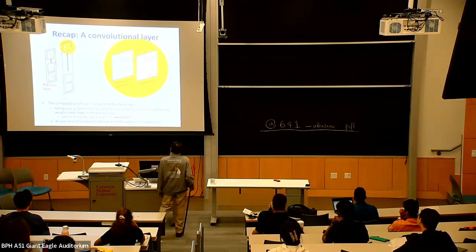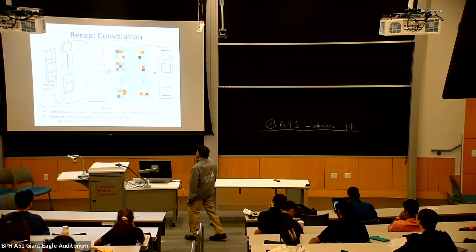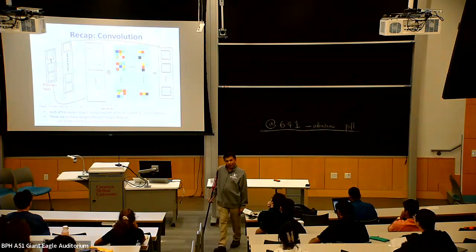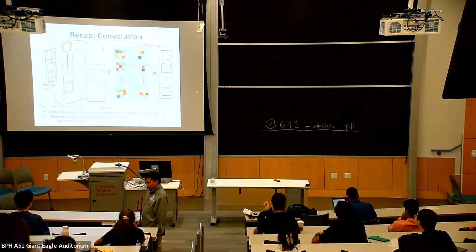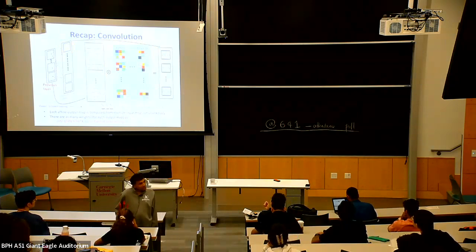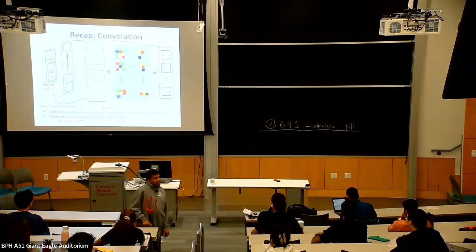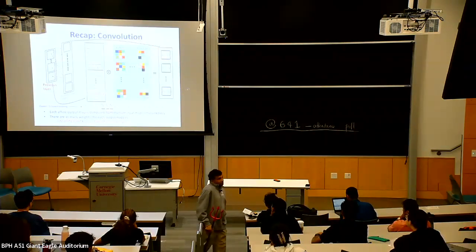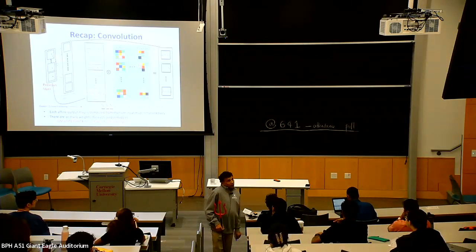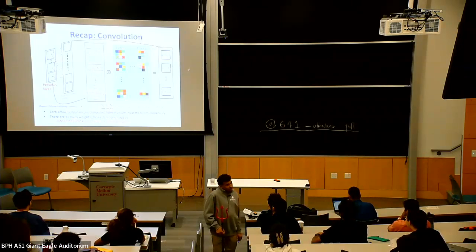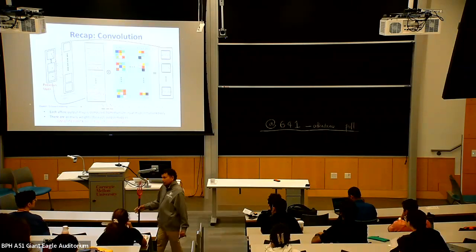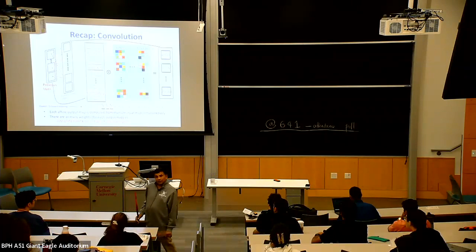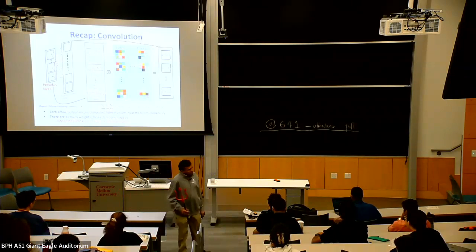So how does this work? Computing the affine map. Here, of course, we saw how this worked. For every output affine map that you wanted to generate, you would have a filter. The filter would have as many channels or maps as the number of input channels. So again, the number of channels in the filter equals the number of input maps, right? And the number of filters equals, what does it equal? The number of output maps, right?